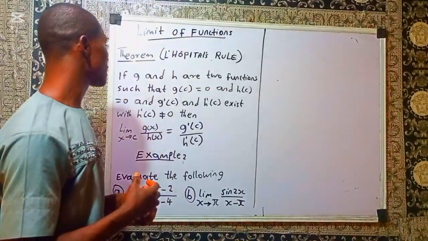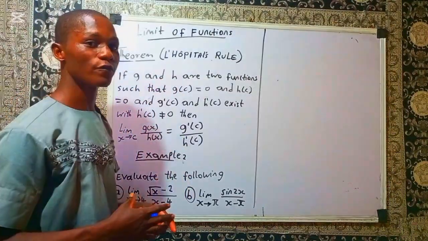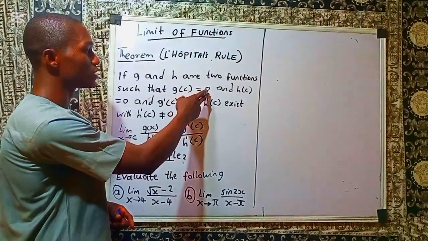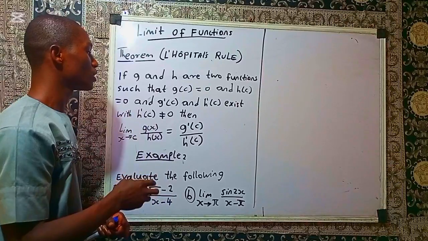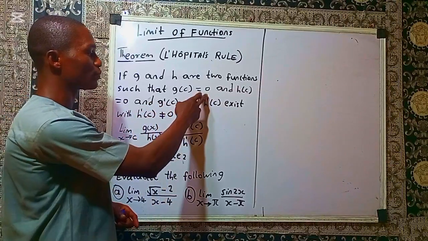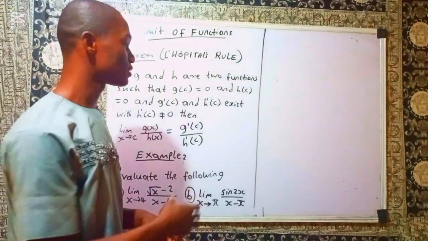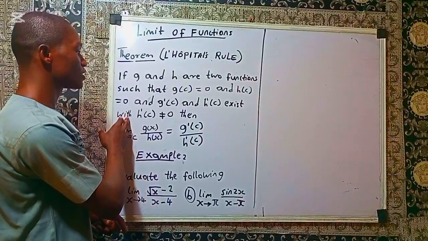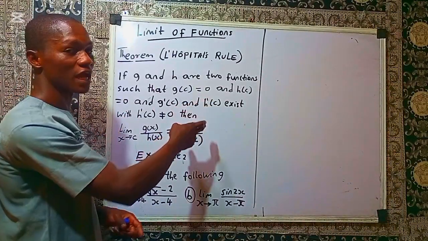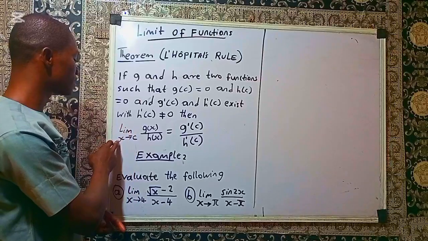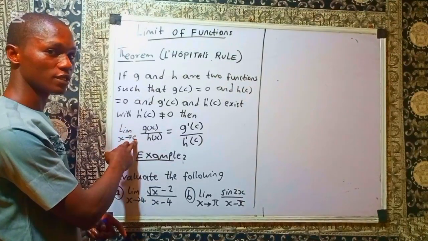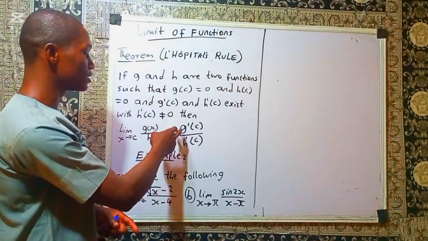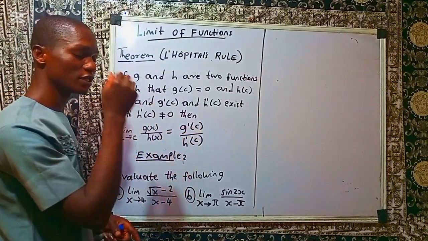This L'Hopital's rule is saying that, assuming that g and h are two functions such that g at c is 0 and h at c is 0, and g prime at c and h prime at c both exist, that is, h and g are differentiable at that point c, such that h prime at c is not equal to 0, then the limit as x goes to c of g of x divided by h of x is equal to g prime at c divided by h prime at c.